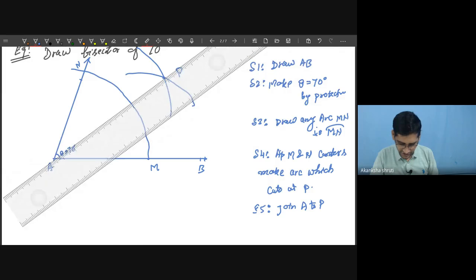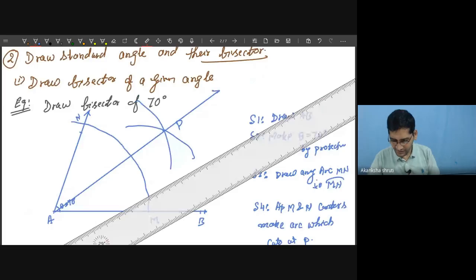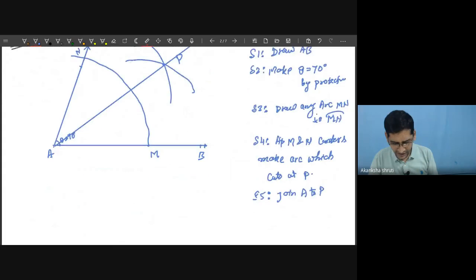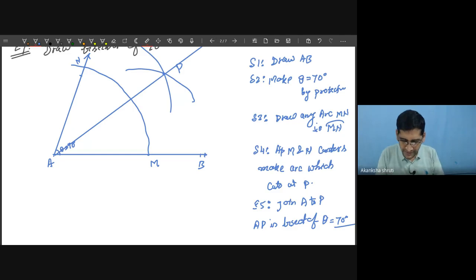You can measure it. See, A to P I am going to join. Are you getting? A to P, it is this one. So AP is the bisector of theta. Whatever the theta, here we have taken 70 degrees, it will divide the 70 degrees into 2.